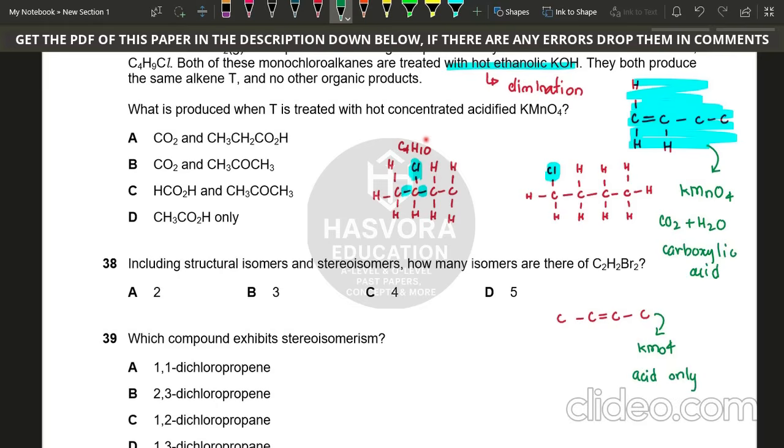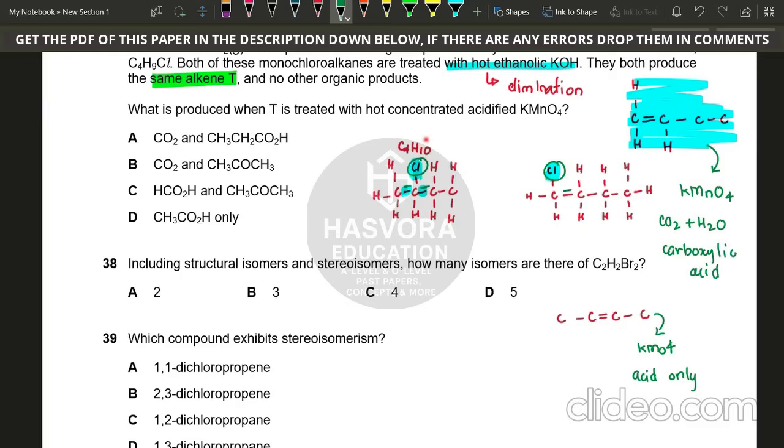Okay, so because they are saying that it actually forms the same alkene, which is T. Now you can see that when this chloride is eliminated, it can form the bond either between the first and the second, or the second and the third. But if the first one is eliminated, it can only form the bond between the first and the second.